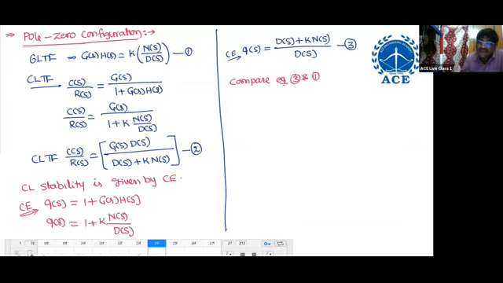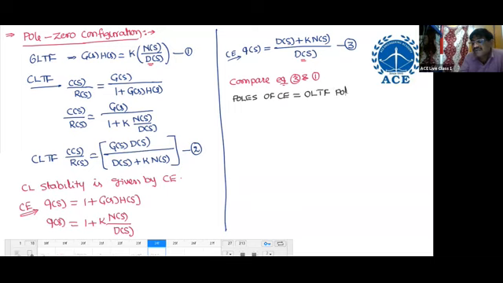What is the same in 3 and 1? Here D(s) is the same. What is D(s) here? Poles of the characteristic equation. What is D(s) in equation 1? Open loop transfer function poles.